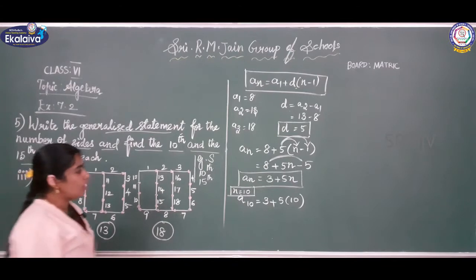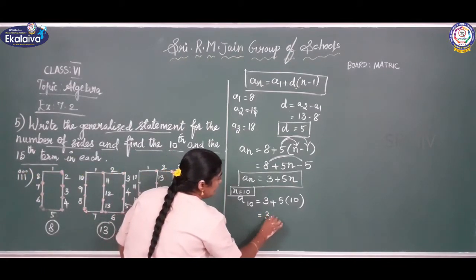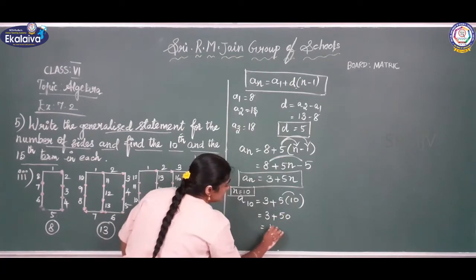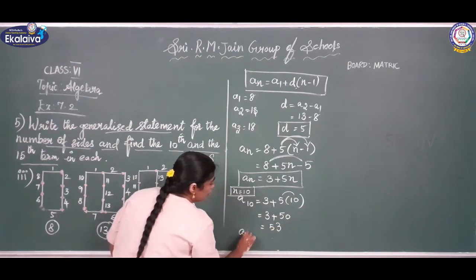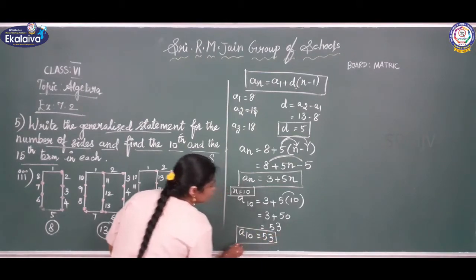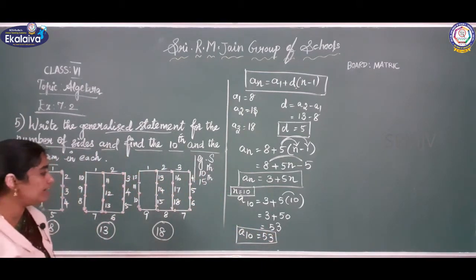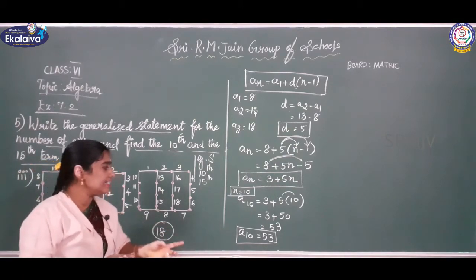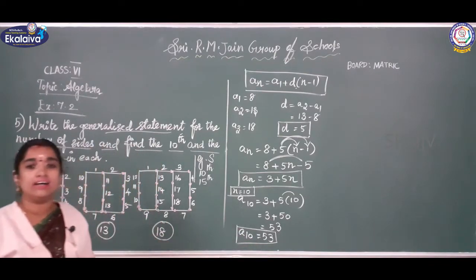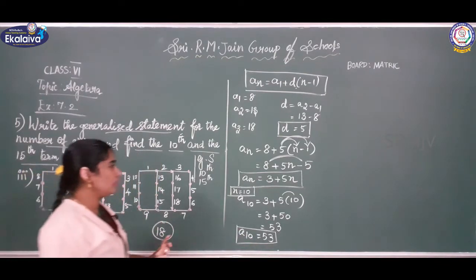Got it? Now listen, 3 plus 5 tens are 50, which is 53. So the 10th term is equal to 53. So the number of matchsticks needed for 10 rectangles, if I join like that, is 53.